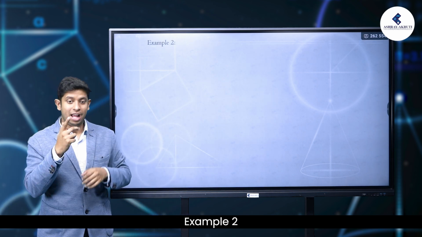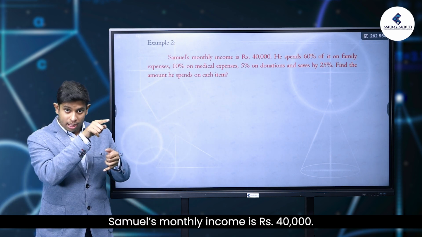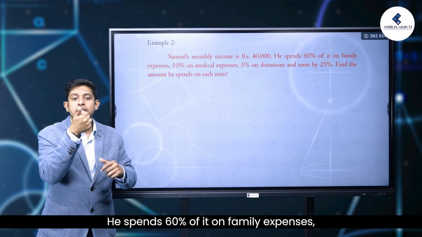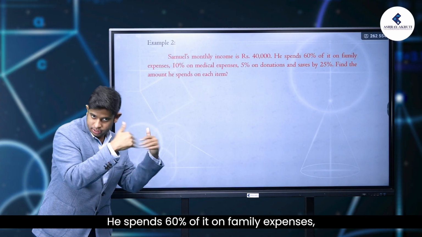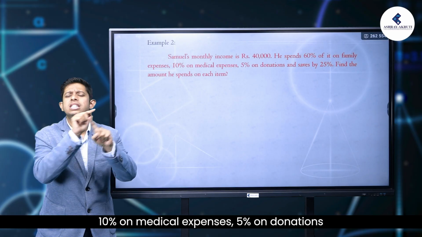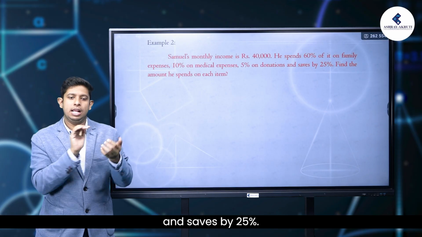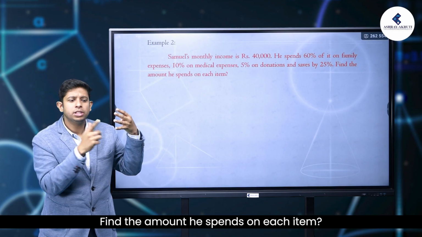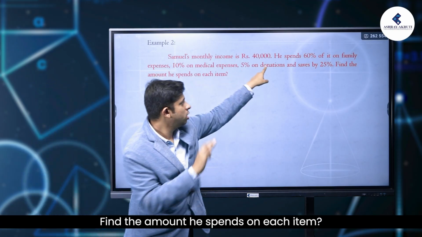Example 2. Samuel's monthly income is Rs 40,000. He spends 60% of it on family expenses, 10% on medical expenses, 5% on donations and saves 25%. Find the amount he spends on each item.